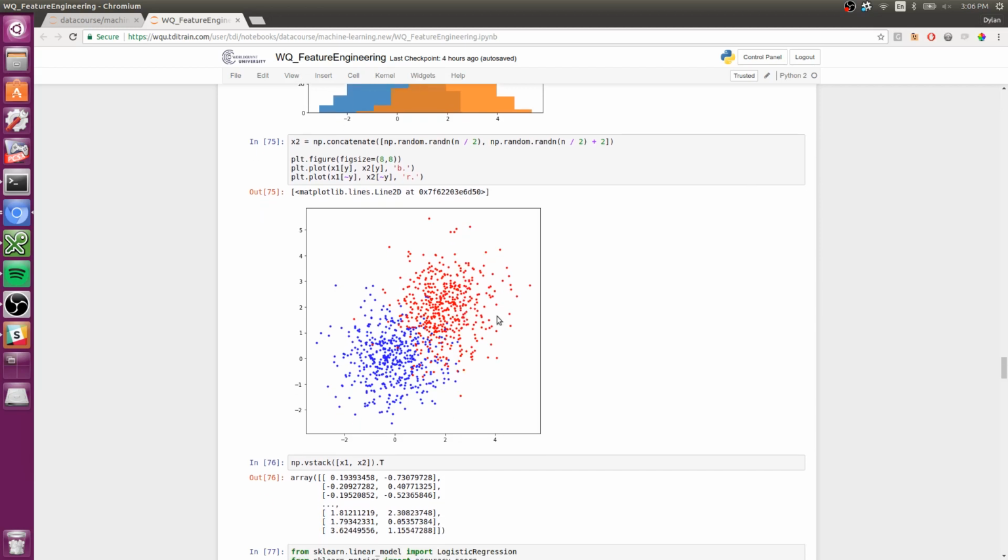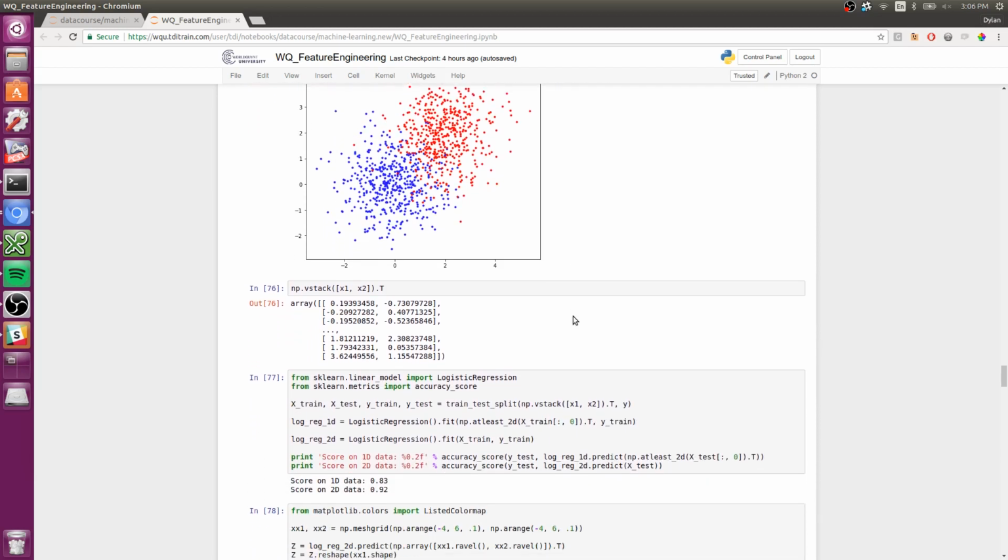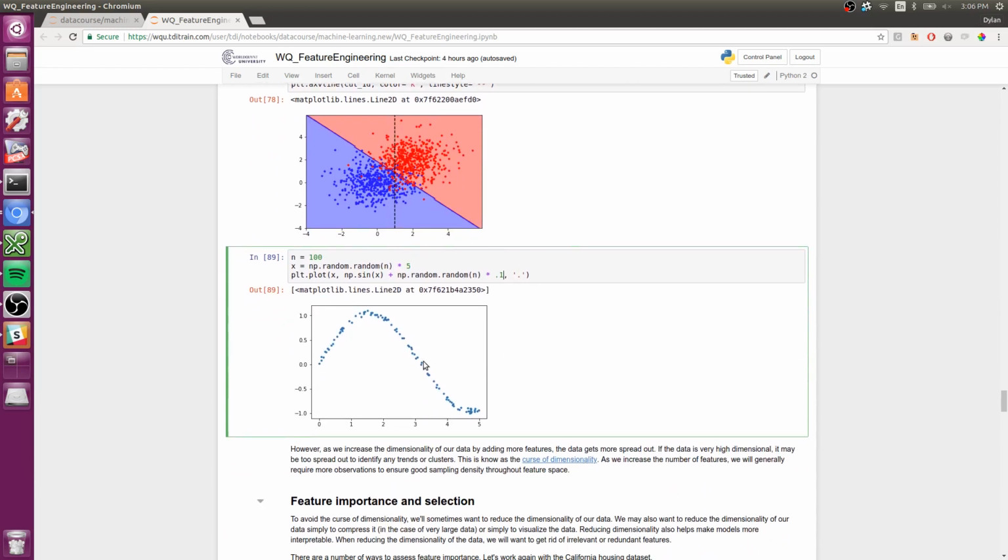And if I keep adding more and more dimensions, there are more and more directions along which random fluctuations can occur. And so my data will start getting spread out in more and more directions. And as my data gets spread out, it starts to become sparse, meaning I start to have not enough data points to be able to detect the underlying trend.